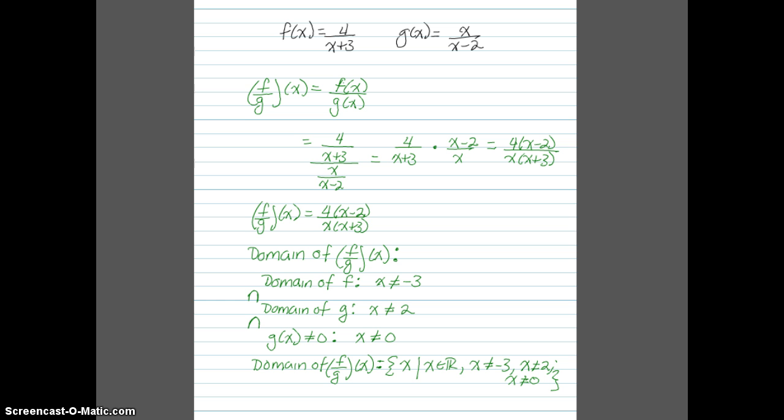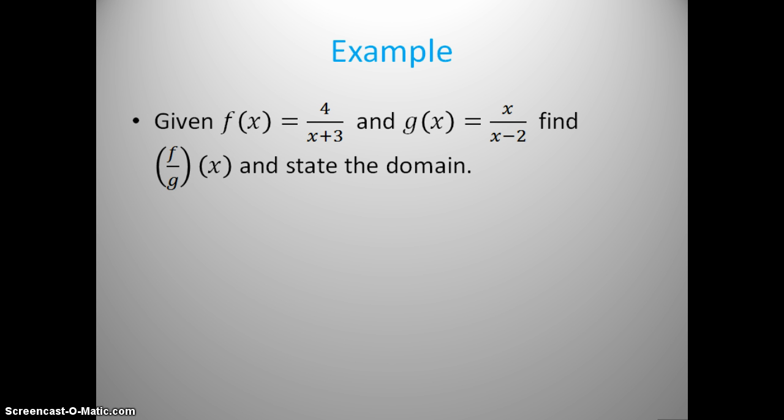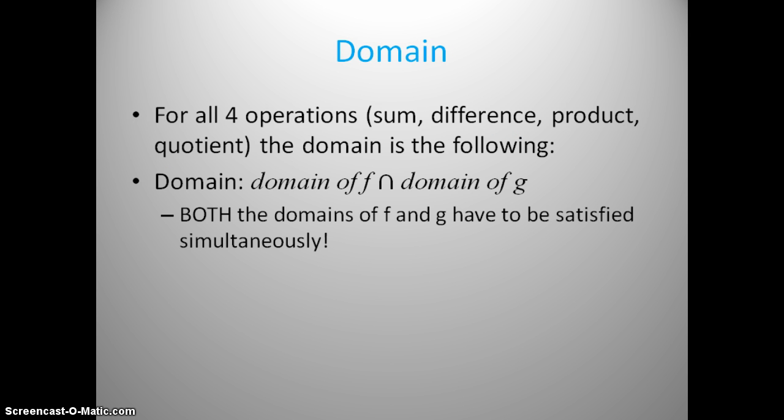But any other real number besides those three values would be fine. And of course, you would do a similar thing for the other operations. You just don't have to worry about the denominators being 0, but you would find the domain of each function and intersect them. Remembering that you could always rewrite a domain as an interval instead of set notation.